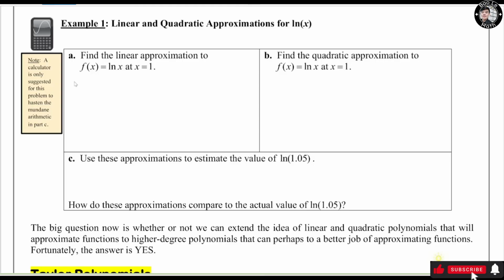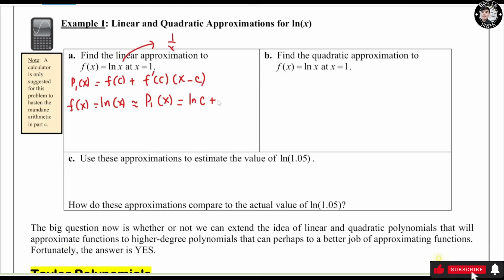So we have P1 of x equals f of c plus f prime of c times (x minus c). f of x equals ln of x, so P1 of x equals f of c, which is ln of c, plus the derivative, which is 1 over x, so it's 1 over c, times (x minus c).